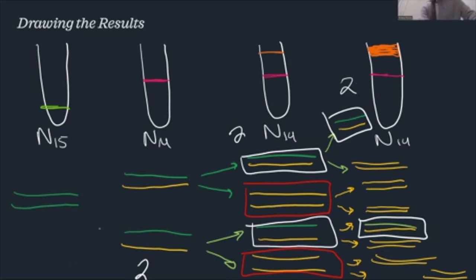In contrast, looking at your ones that are totally N14, you had two at this stage, and now you have 6. So you can see there's a large increase in the amount that we have, which is why that is a thicker line now. And because of these results, they discovered that DNA was replicated in a semi-conservative manner.